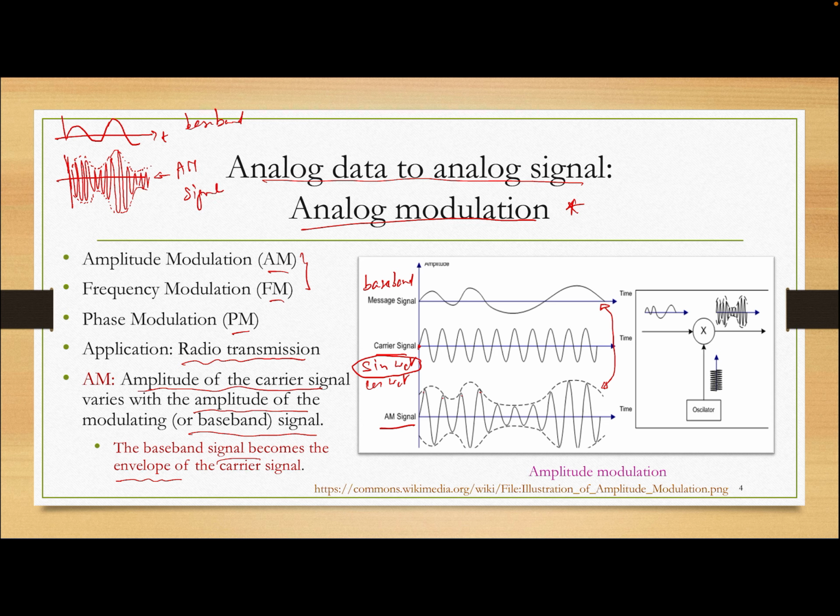Be careful that the envelope has to be a dotted line, because you don't actually send the envelope. You send the high frequency signal, the carrier signal, just that the amplitude follows the envelope. If you draw it as a solid line, it will be wrong, because it seems like you send both of the signals together, but actually you send only what is inside the envelope.